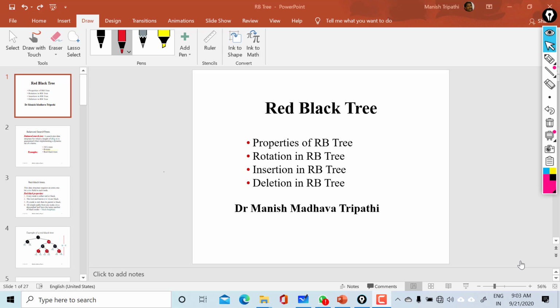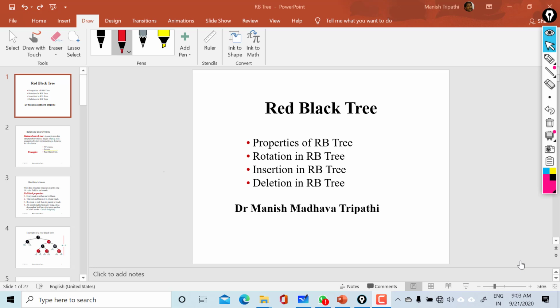B tree and B plus tree are also there, and the red-black tree can do this in a very good manner. Yesterday we got some idea of the different properties and how the red-black tree is different from and enhanced over the binary search tree.